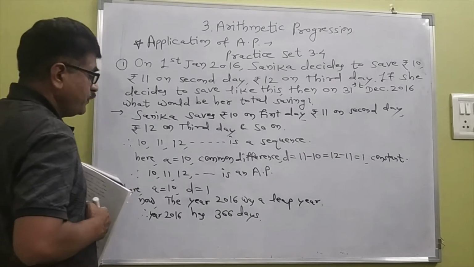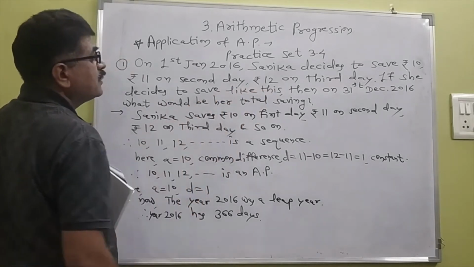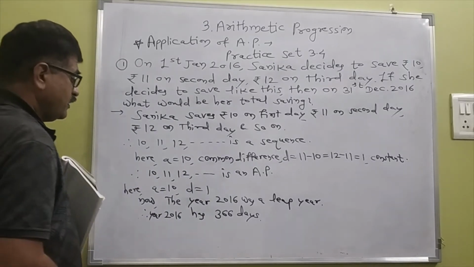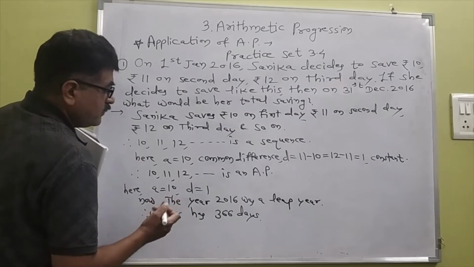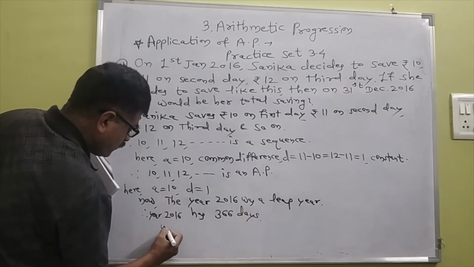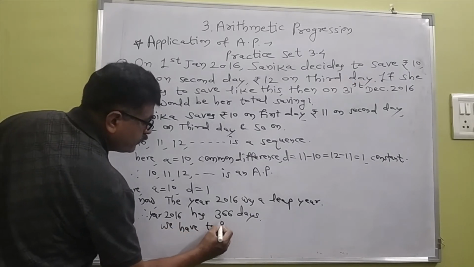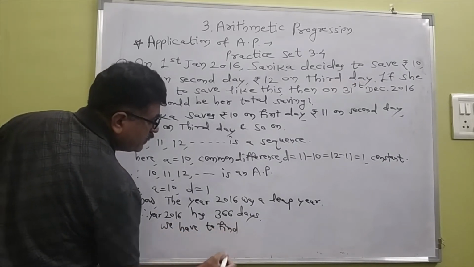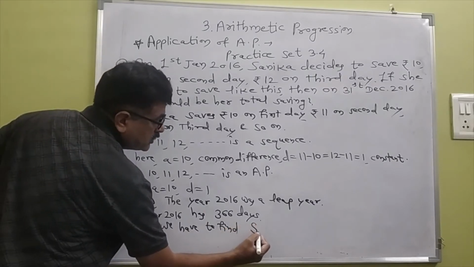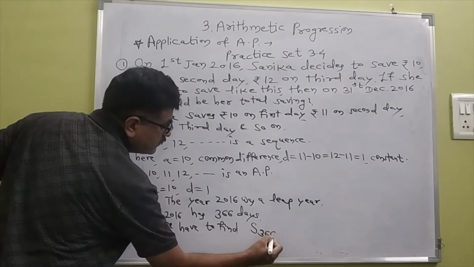Therefore, what would be her total saving? We have to find her total saving, that is her saving throughout the year, that is 366 days.